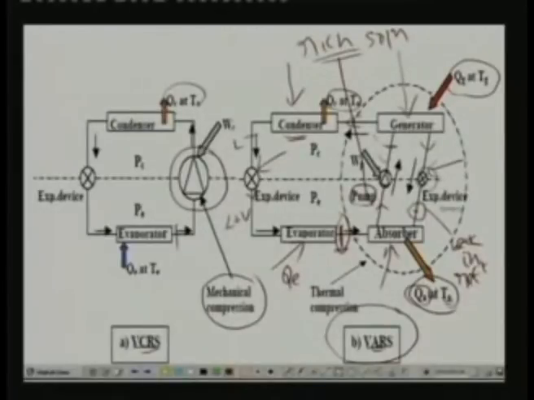So we use an expansion device where the liquid pressure is reduced to that of the absorber or evaporator, and then again it comes in contact with the vapor. So the solution cycle is also completed. This process goes on continuously as long as you supply heat here and reject heat at the absorber and condenser, and you have the refrigeration effect continuously. So this is the principle of a very basic vapor absorption refrigeration system.